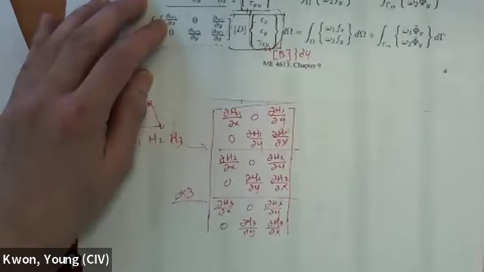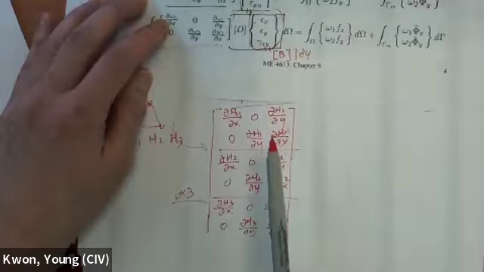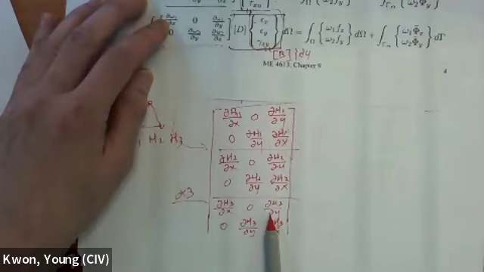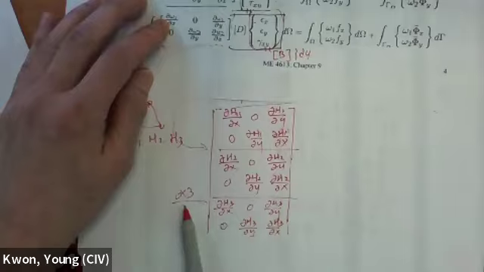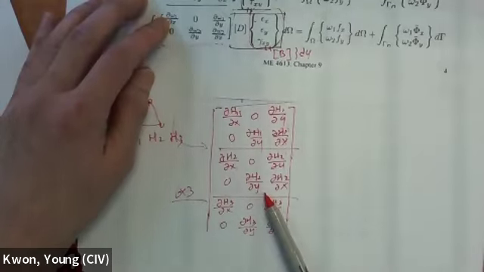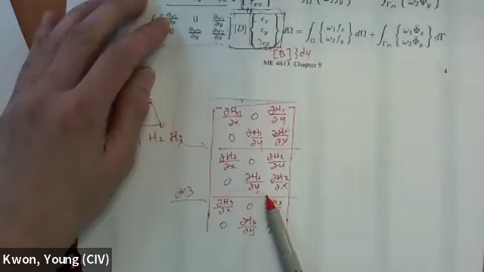And then you get 3 different test functions for W1 and W2. So we pick this one. So this happens to be a 6 by 3 matrix. Any question for this one?